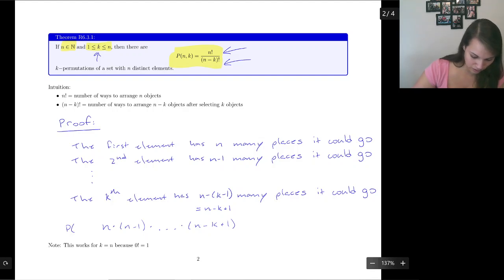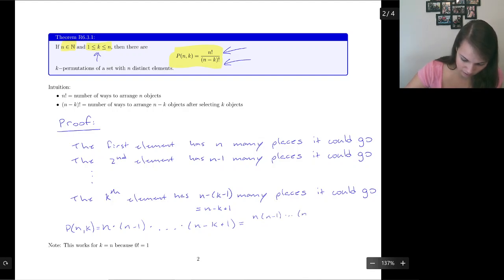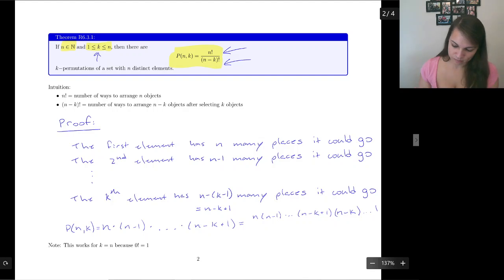So that's going to be P(n,k), which is equal to this guy. And then I'm going to make the observation that we could rearrange everything to look like this, where we multiply all the way down. So n minus k, all the way down to 1, so that we have n factorial up there.